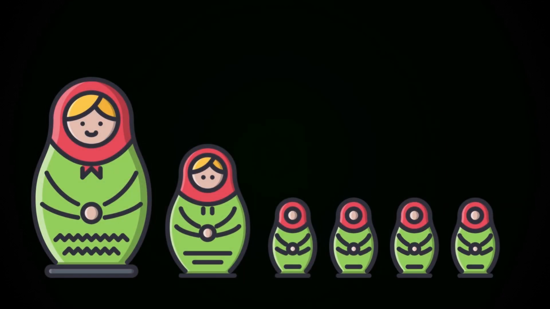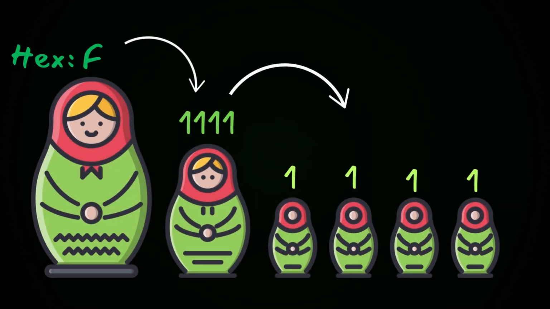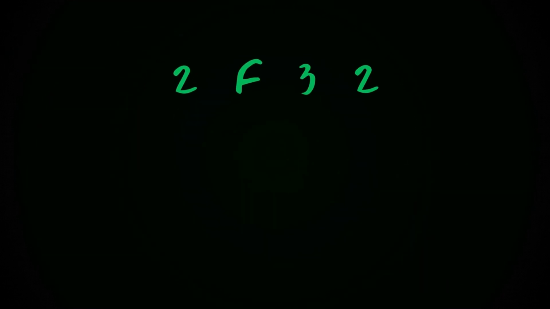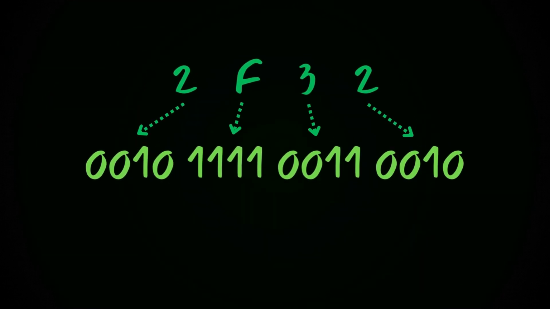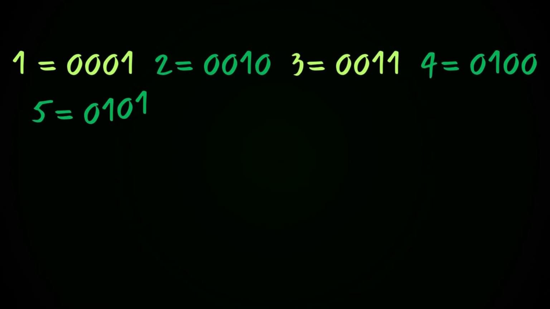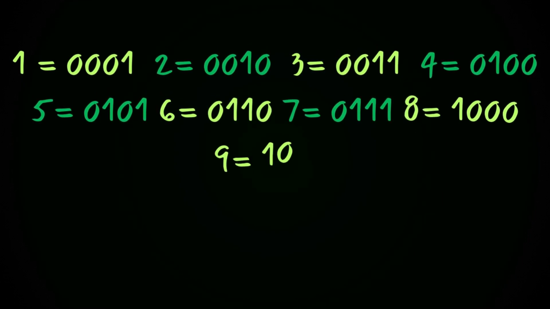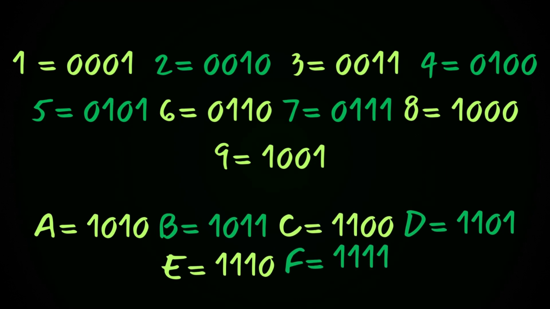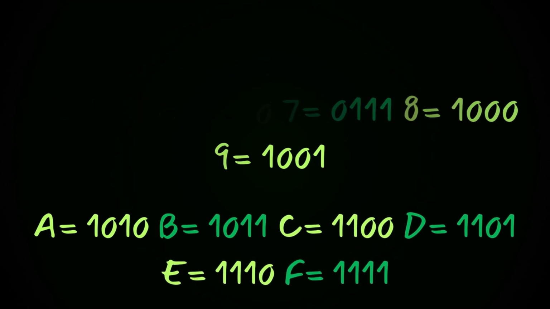Another thing you should know is the size of a hexadecimal. Each symbol is worth 4 bits in binary, so 2F32 would be 16 bits, or 2 bytes. Converting a hex number to binary is straightforward. To do this, simply replace each hex digit with its 4-bit binary equivalent.